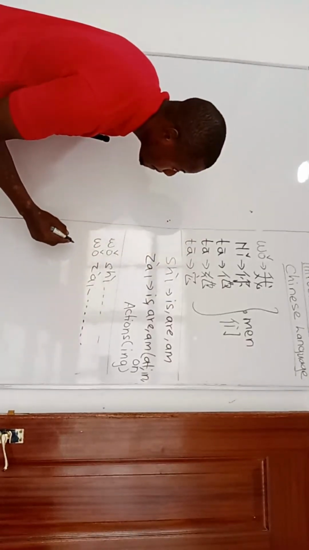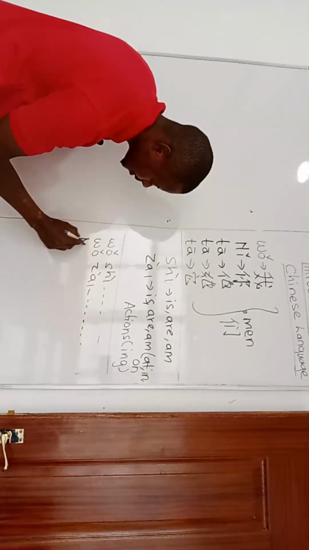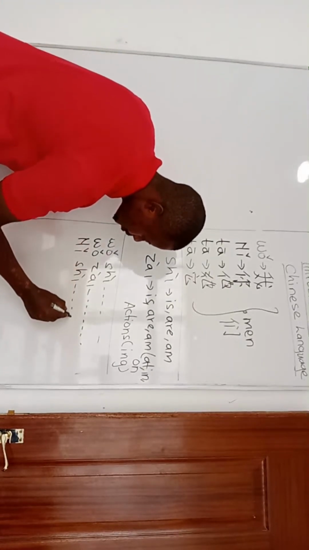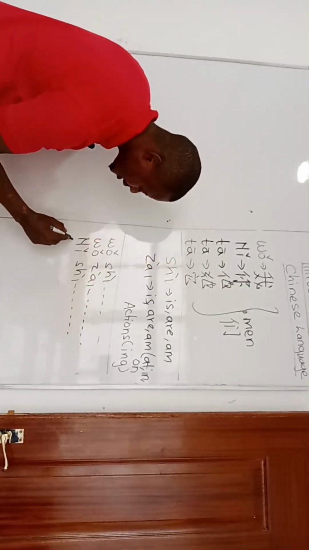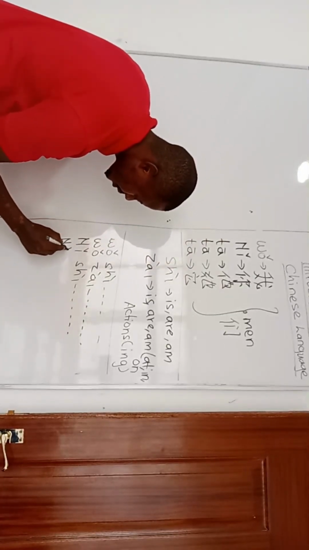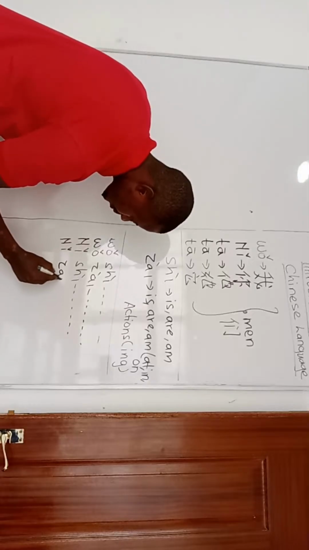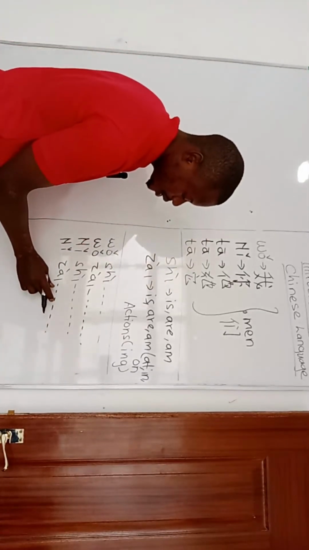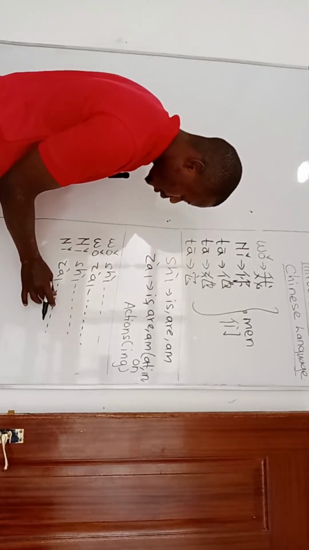Then we say 你是, then you put here 你在. So with 在 you can put what you're doing or where you are.